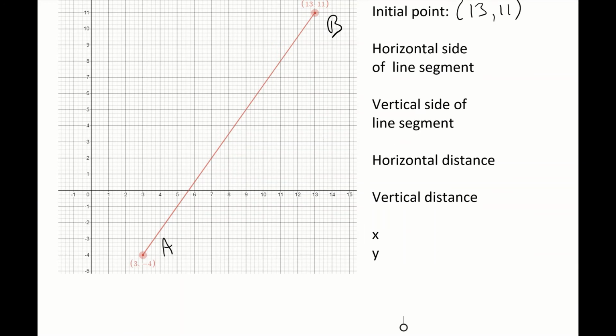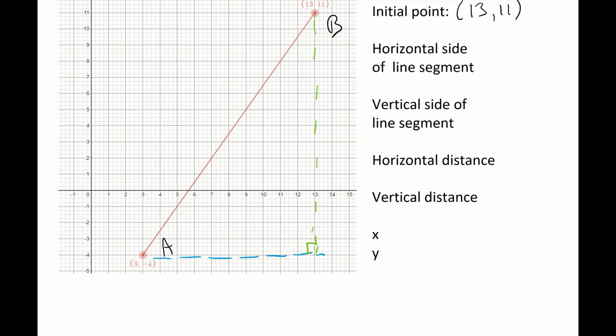Let's color code this just like before. This is going to be our horizontal side, and then we stop here. This is going to be our vertical side. Notice that we always form a right angle whenever we do this. It always forms a right triangle.